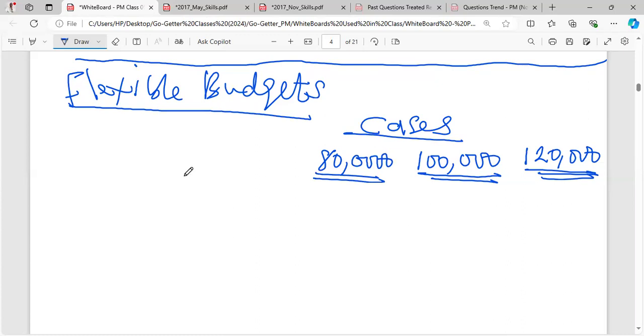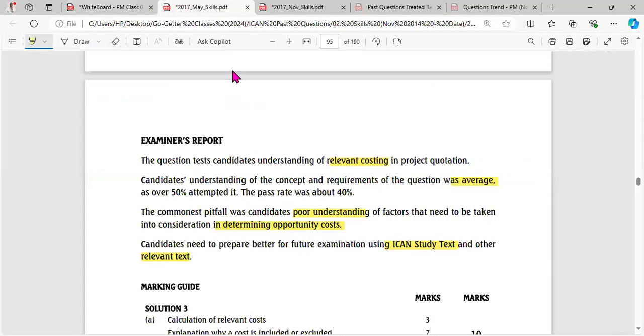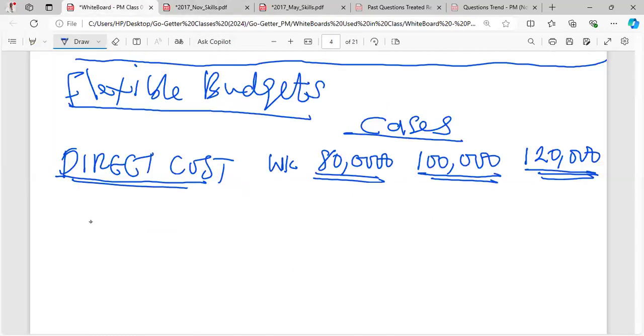All right. So here will be workings. I'll put WK for workings. Then we'll say here is direct cost. So let's list them out: material C, material V, packaging material.